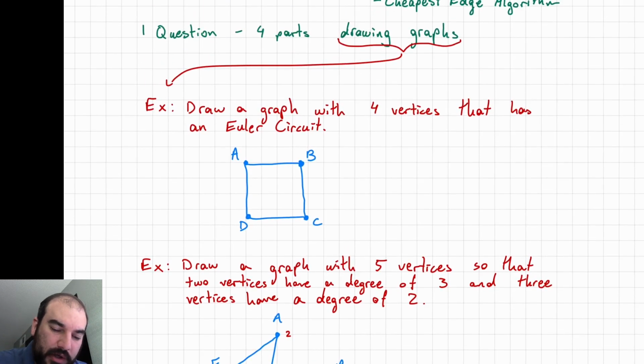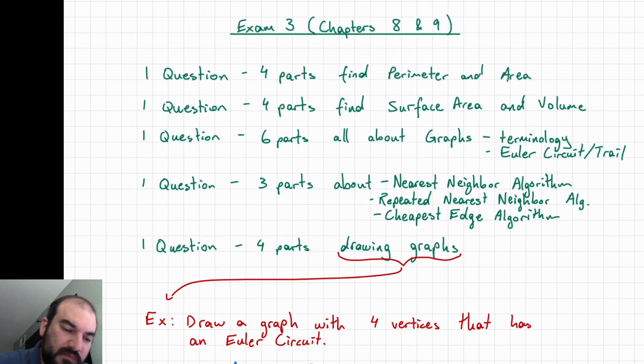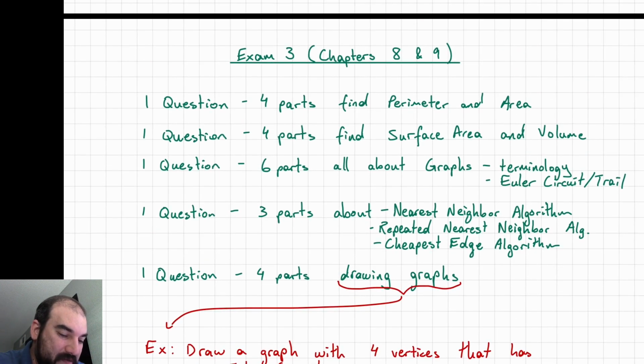But it could be about degrees of vertices, the number of edges, the number of loops that a graph has. So any kind of terminology that I could include in a question like that, you should be able to draw a graph with. So knowing terminology with graphs is important for that last question as well. So that's the makeup of the exam.